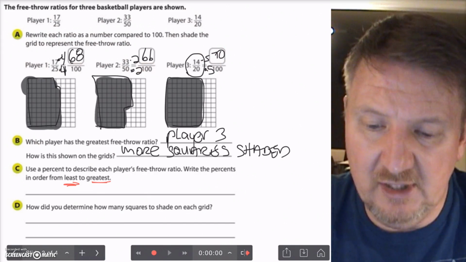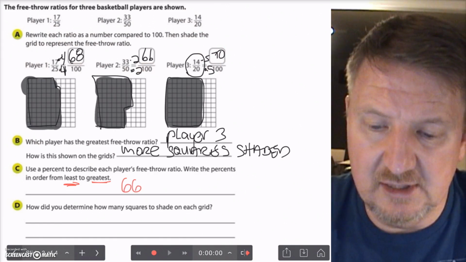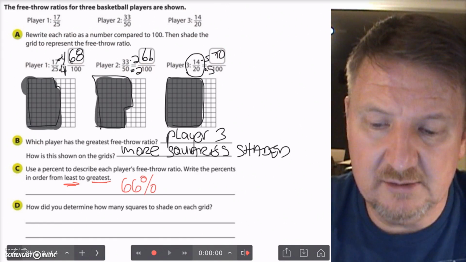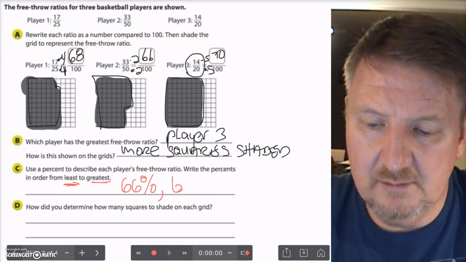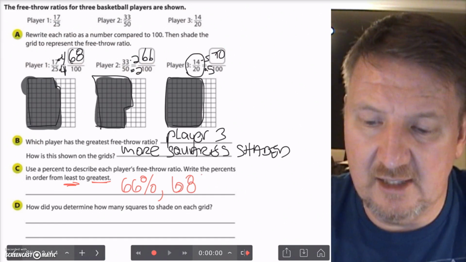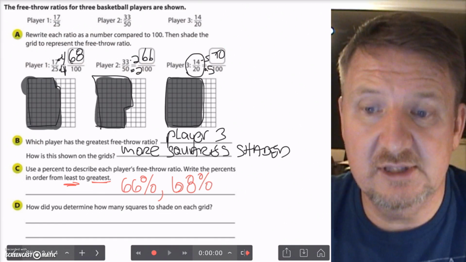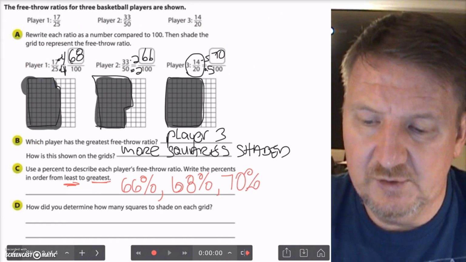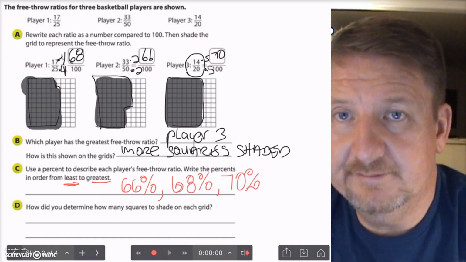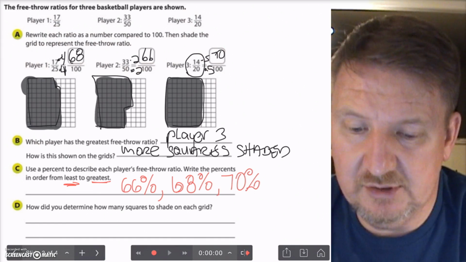Since it's out of 100, that would be 66%. The next number is 68. Once again, since it's out of 100, it's 68%. And the highest one is 70, and it's 70 out of 100, so that's 70%.